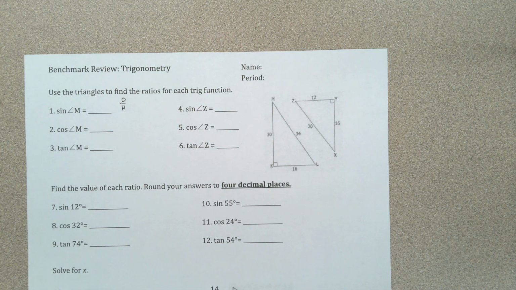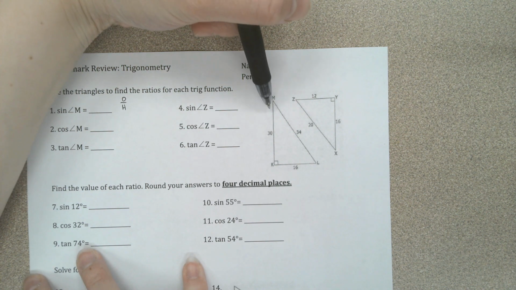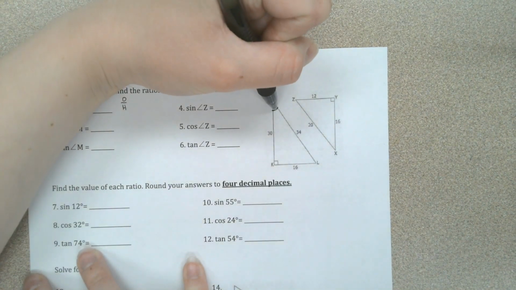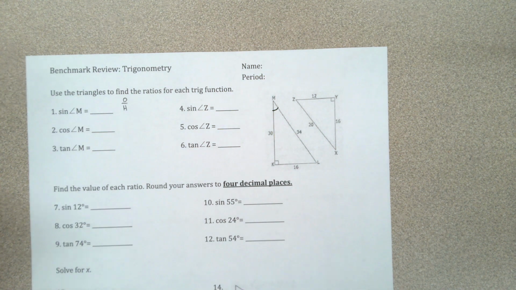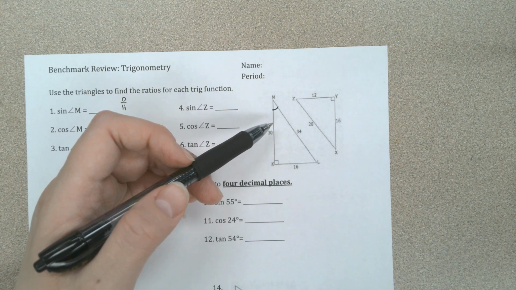Now to figure out what O and H are, I have to go to the angle M. M is in this triangle, it's right here, so I'm going to mark it. So remember, we use our angle to label our HOA in that order.